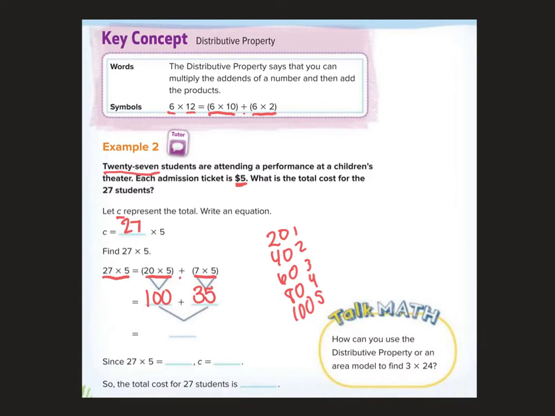So 100 plus 35 is 135. So 27 times 5 is 135. So C equals 135. So the total cost for 27 students is $135.